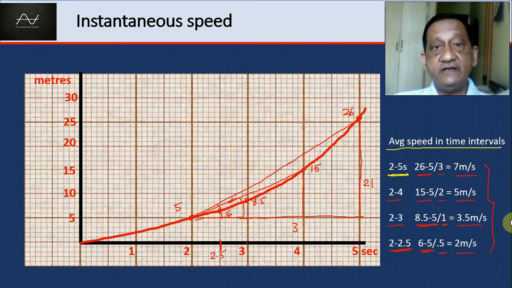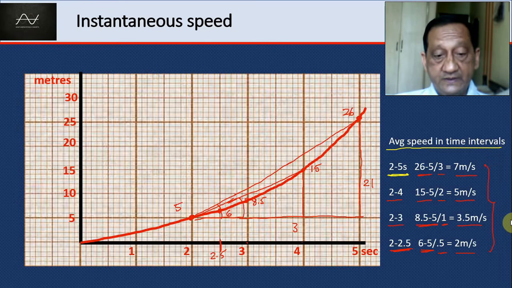Just like if you get 80% marks in every subject, what is the average? 80 only. In every subject you got 80. So it doesn't matter whether I take two subjects or 10 subjects, the average that will be calculated will be the same. Likewise, if your speed is constant, then the average velocity in any time interval will be the same. Here, since the average speed is changing for different time intervals, the speed is changing.